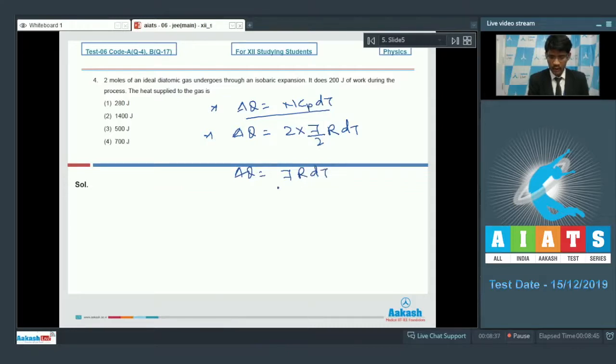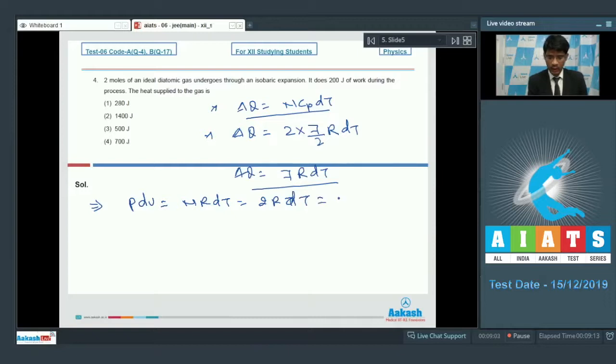So delta Q would be equal to 7 R dT. Another important piece of information given here is that 200 joule of work has been done by the gas during the expansion. So we know this is the work done. P delta V must be equal to how much? It is nR dT, and that's 2R dT.